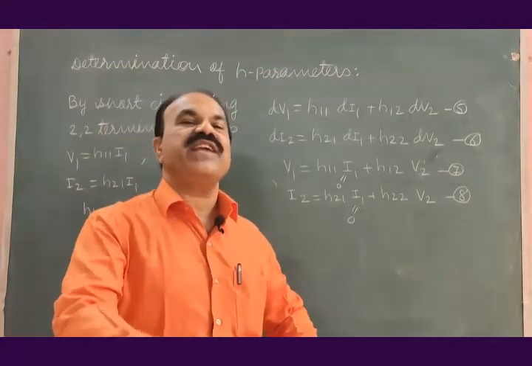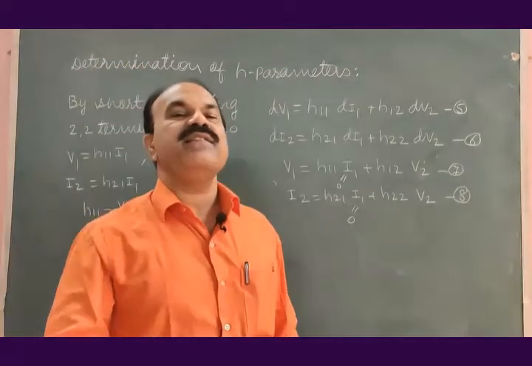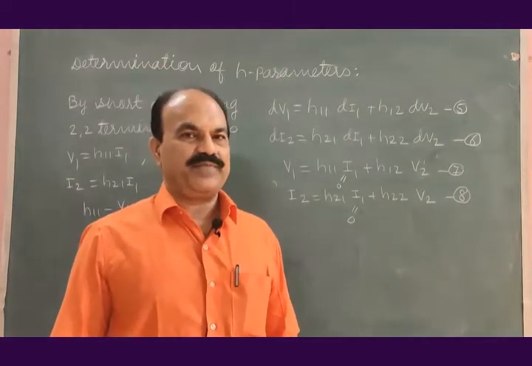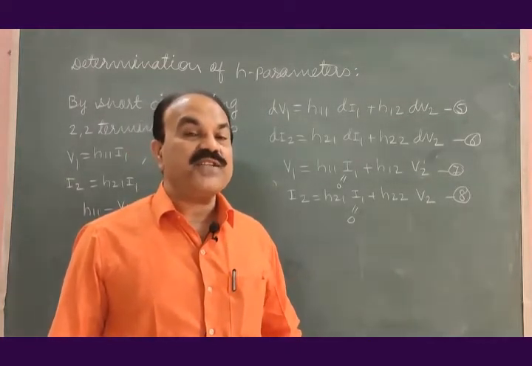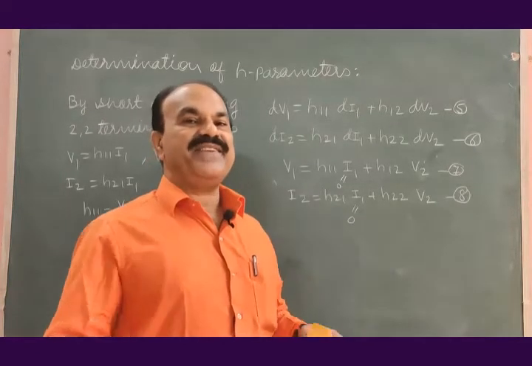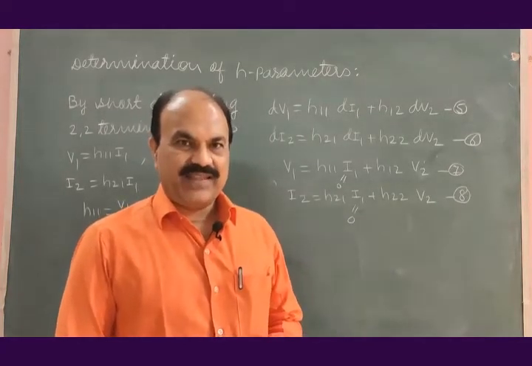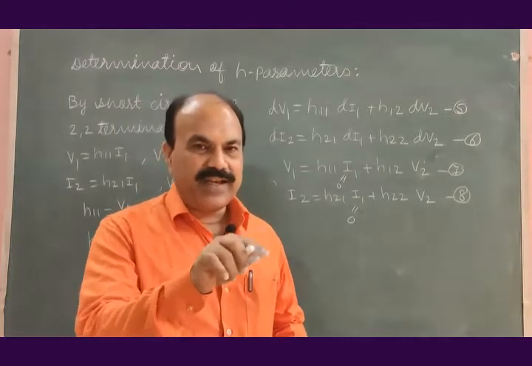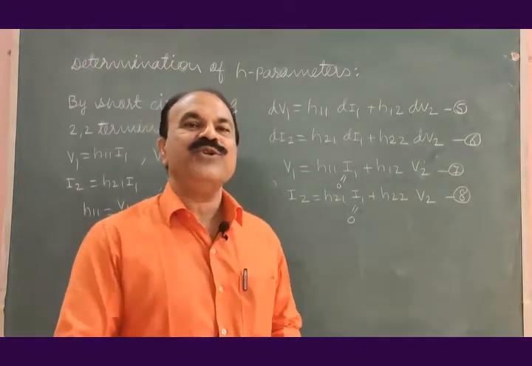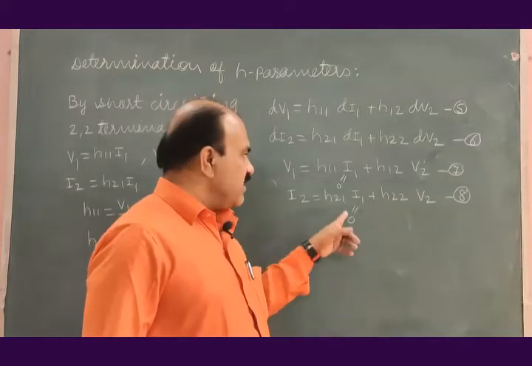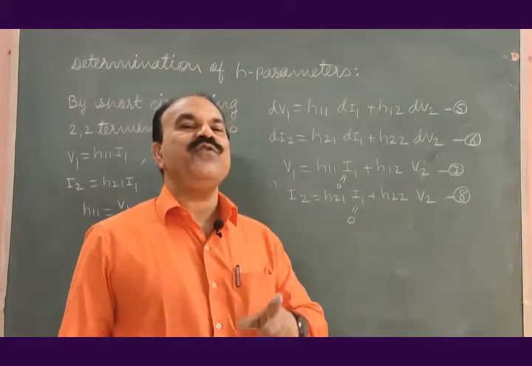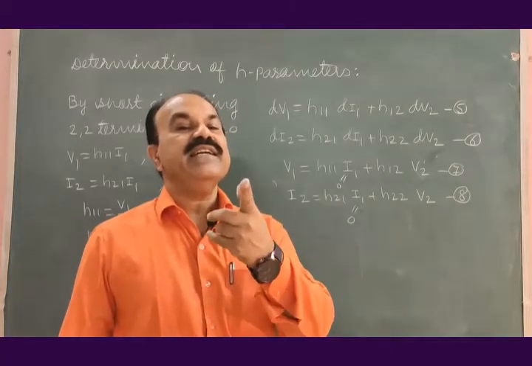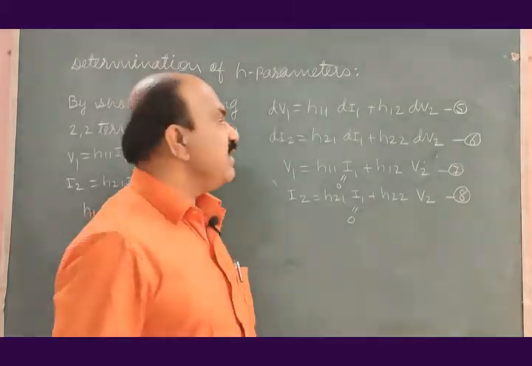Introduce an open circuit in the terminals 1, 1 of the two-port network. Open circuit corresponds to infinite resistance. Input voltage divided by infinite resistance is equal to 0 current. So current I1 will be 0 if we introduce an open circuit between the 1, 1 terminals.